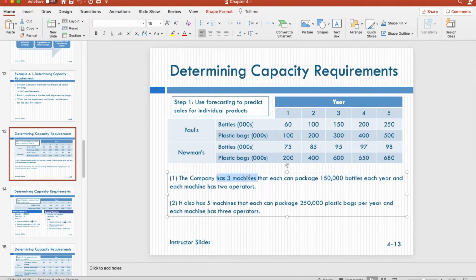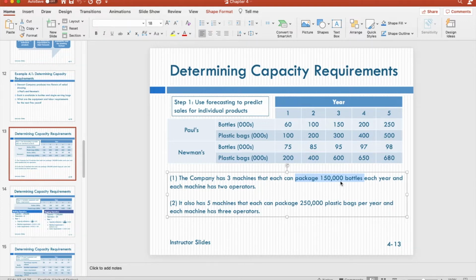You don't have 2 machines. You don't have 4 machines. You are exactly having 3 machines in your factory, right? So for these 3 machines, every machine's packaging ability is 150,000 bottles. That's why, in total, at most you can produce within each year for all 3 machines, the answer would be simply 3 times 150,000, which is 450,000.